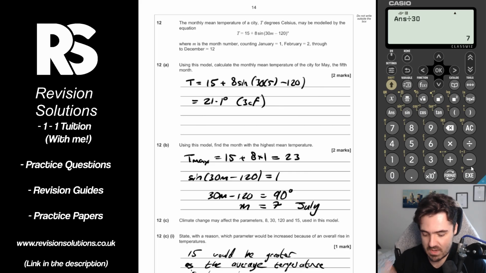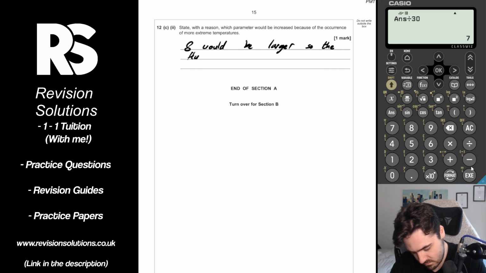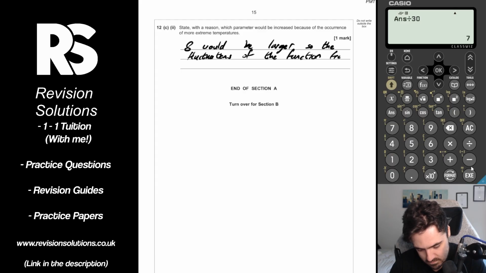So it's going to be extreme in both directions. So the 8 would be larger, so the fluctuations of the function from 15 would be greater.